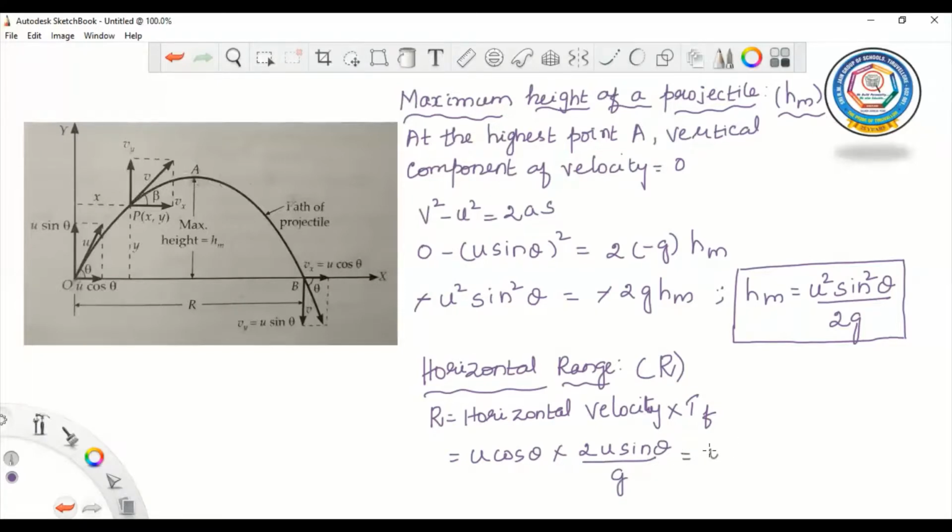So you will get u into u becomes u square, then 2 sin theta cos theta divided by g.